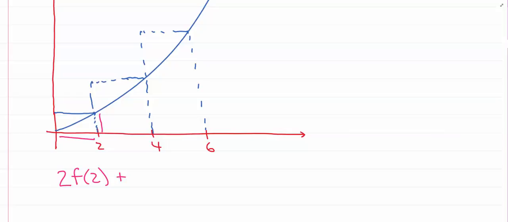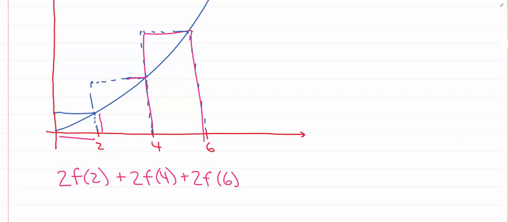Let's go to the next one. The width here is 2, and now I have f of 4. And then the next one, the width is 2, and I have f of 6. So I've got all of these rectangles here. That's going to be more area than I need, because the area under that curve is obviously not the same as that. That's too much.